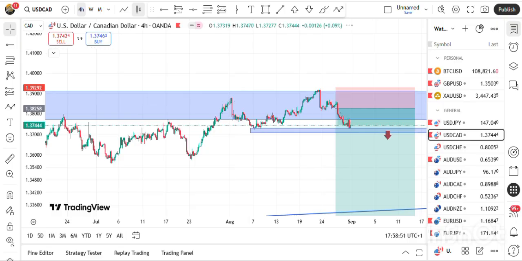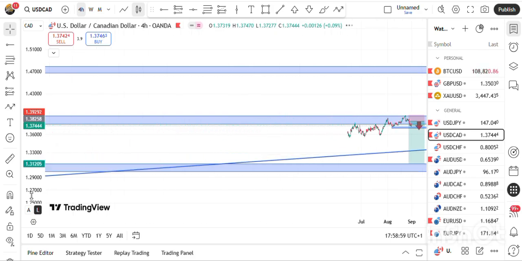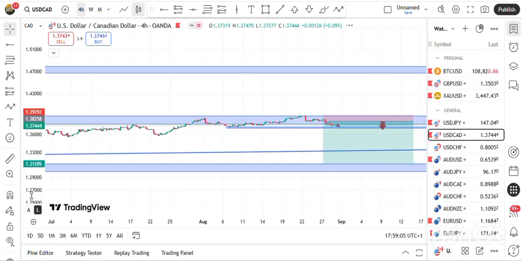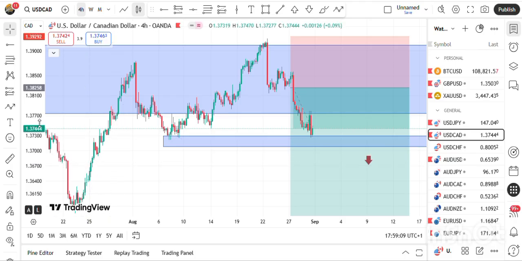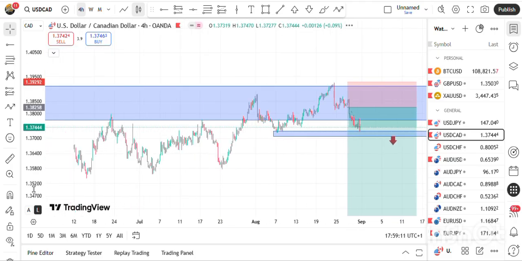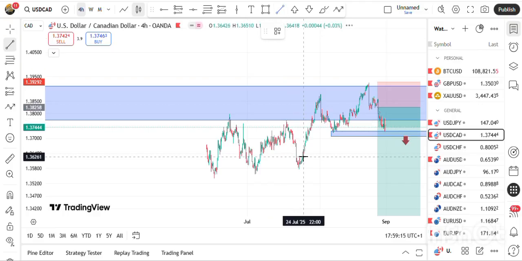I drew my support levels already. I'm just waiting for the price to play as expected. So we can use this as a good entry reason.